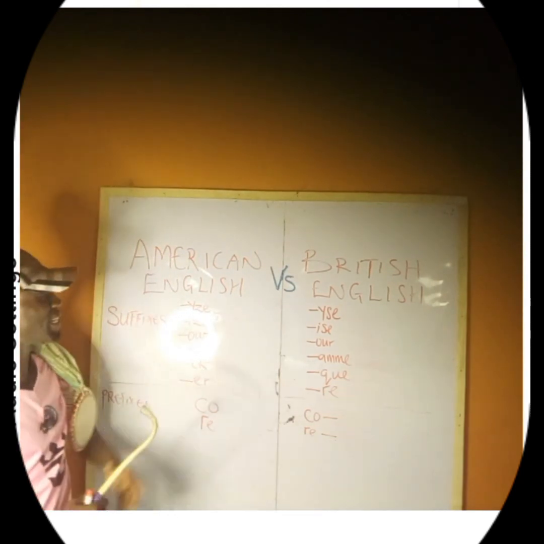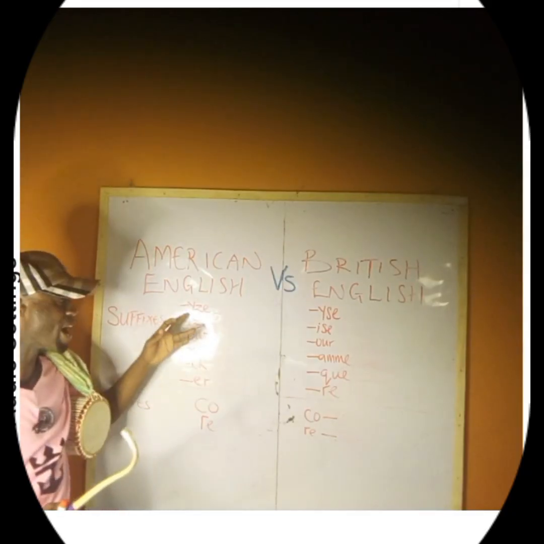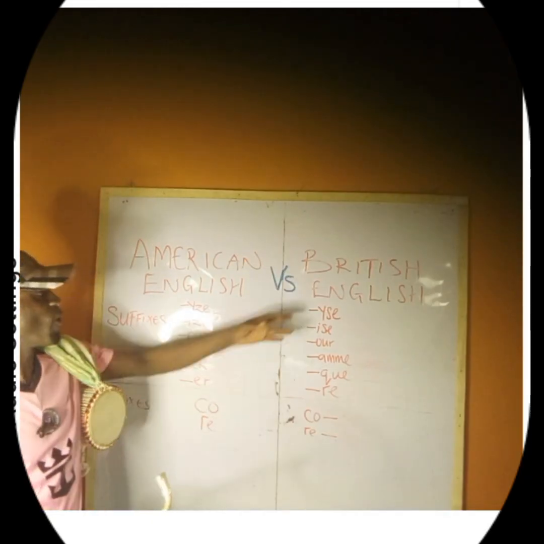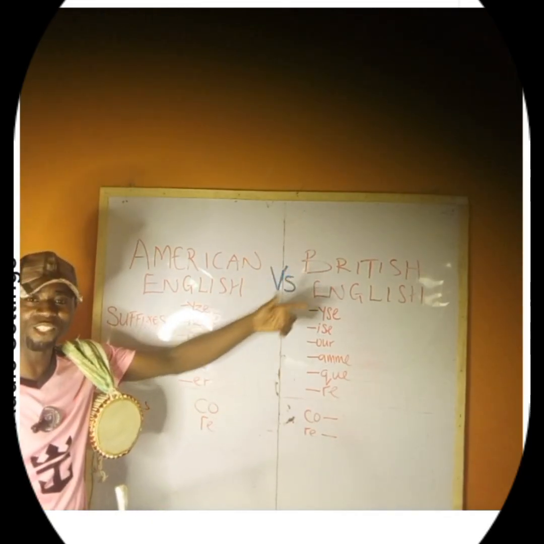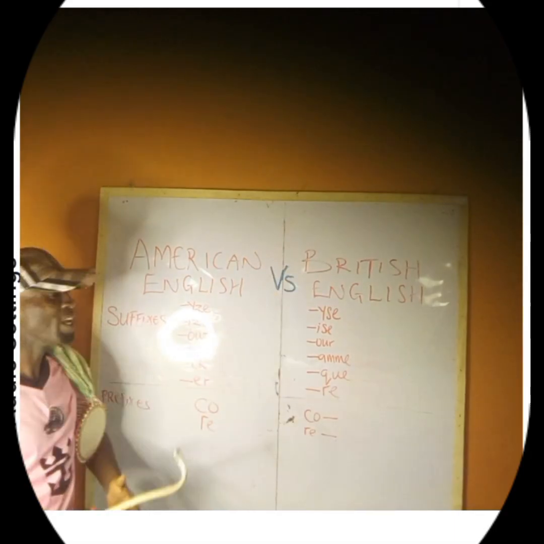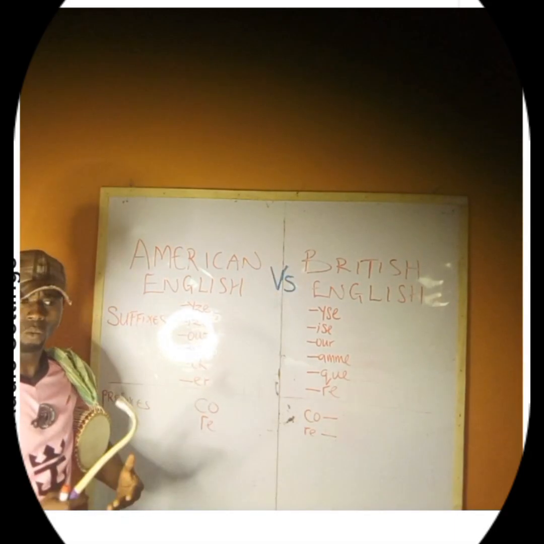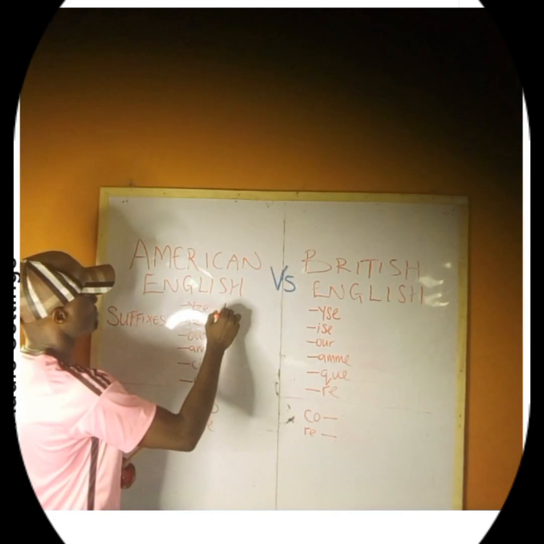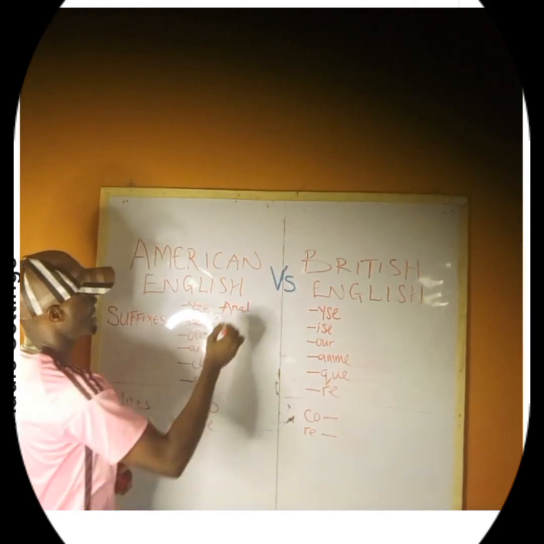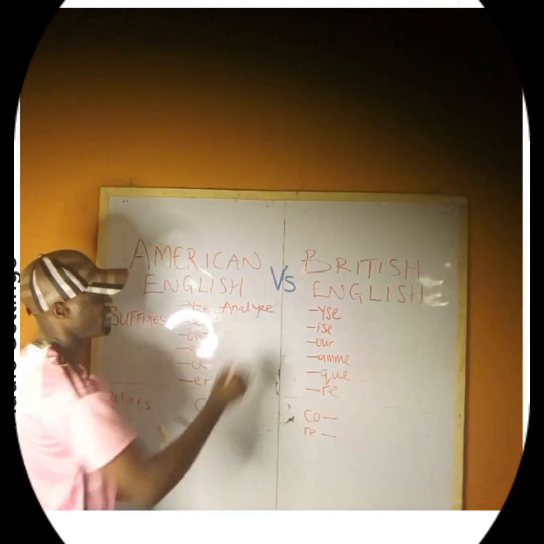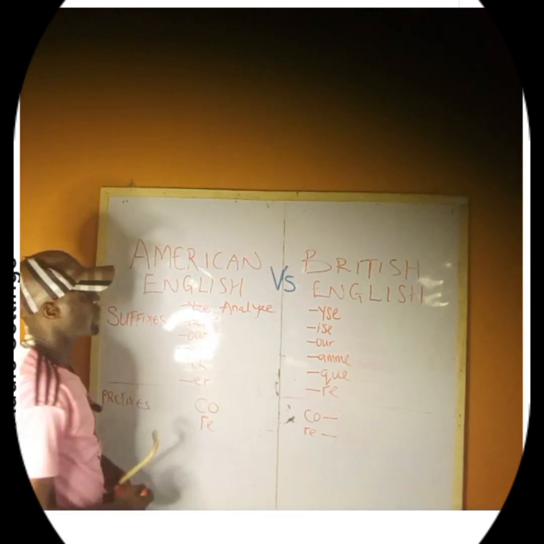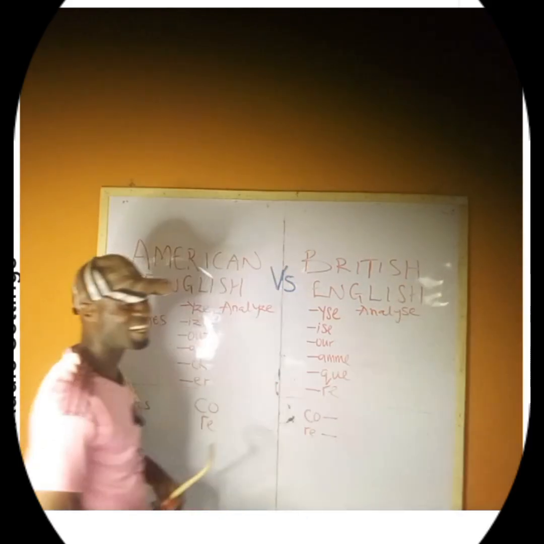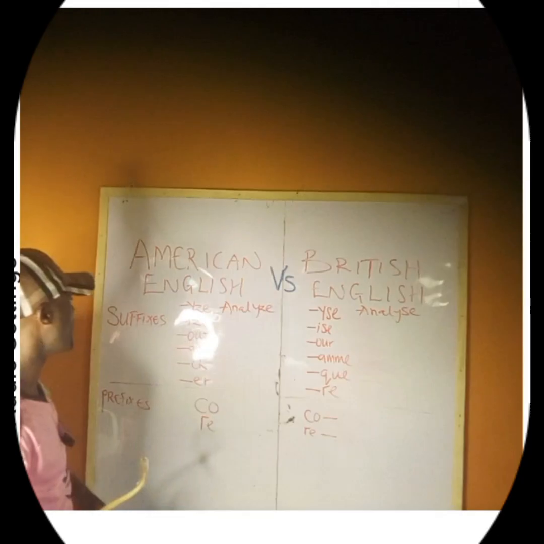In American English, you have a suffix like YZE that juxtaposes with YSE in British English. If you have examples of words like analyze in American English, for the British it will be analyse.